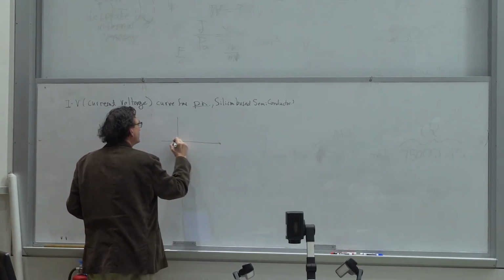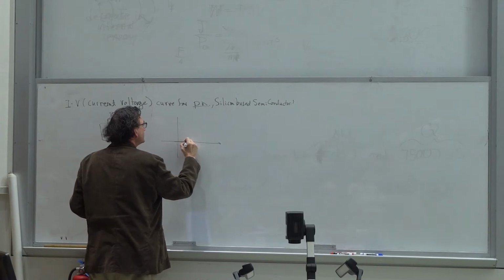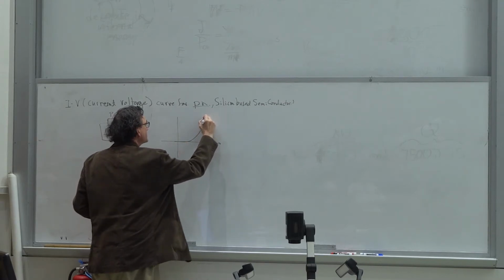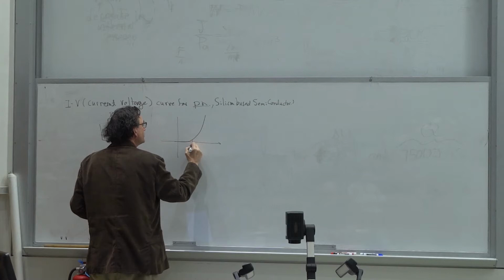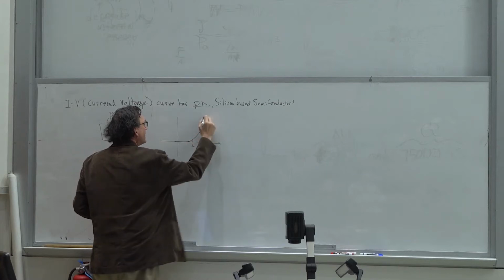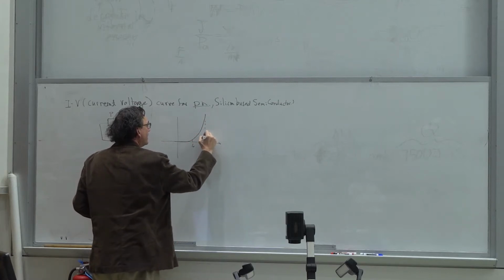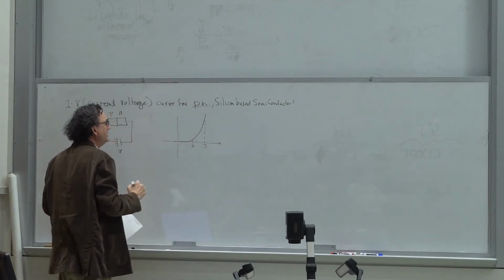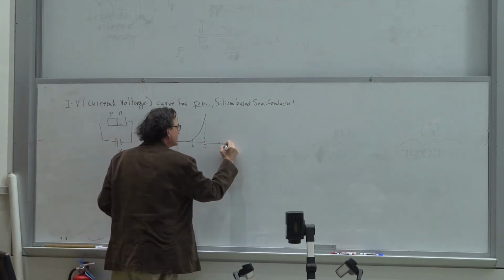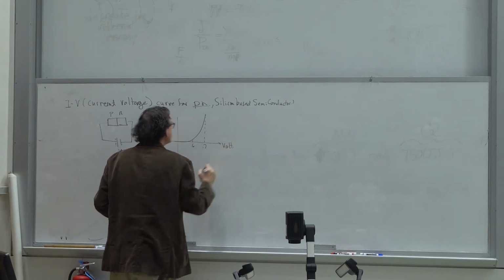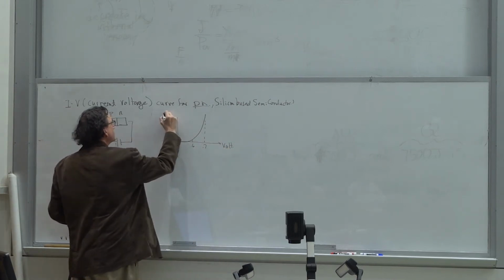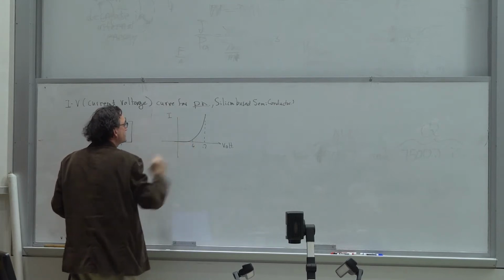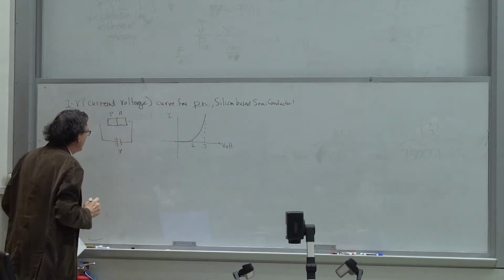The current remains 0 until you get to roughly 0.6, and somewhere between 0.6 and 0.7, it really takes off. It's very nonlinear. We'll label this as the voltage axis in volts, and this will be the current I. So this is called an IV curve.